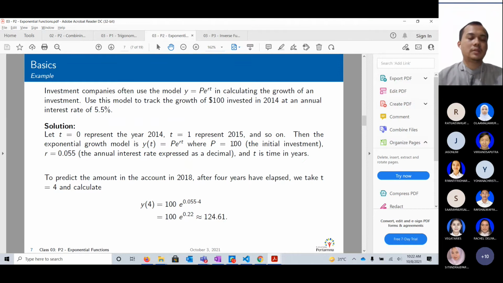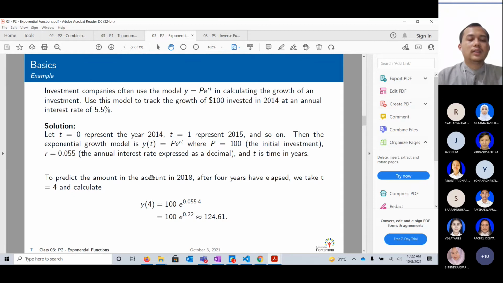That is the initial investment. And the annual interest rate is 5.5%, meaning that the constant r is 0.055, because we need to convert 5.5% to a decimal. And we consider t in this equation as time in years.